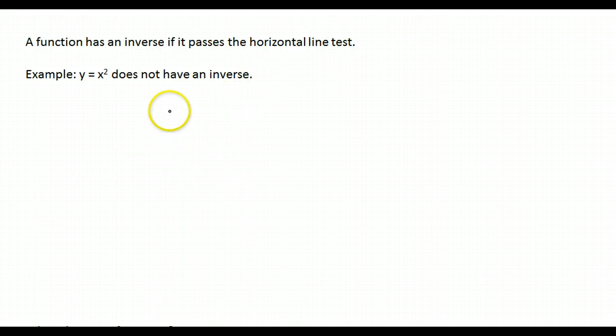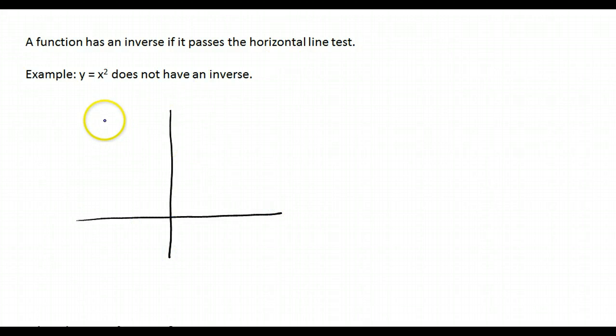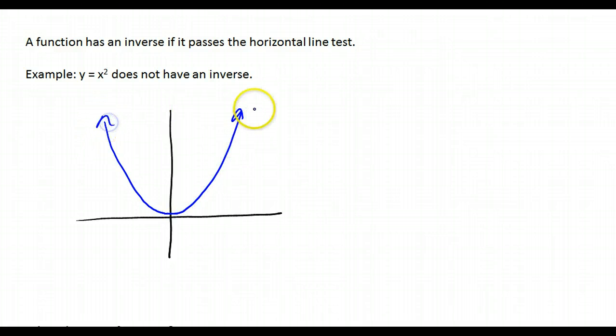For example, y equals x squared does not have an inverse because y equals x squared does pass the vertical line test, right? A vertical line only intercepts it in one place. But if I did the inverse where I switched x and y, it would look like this.